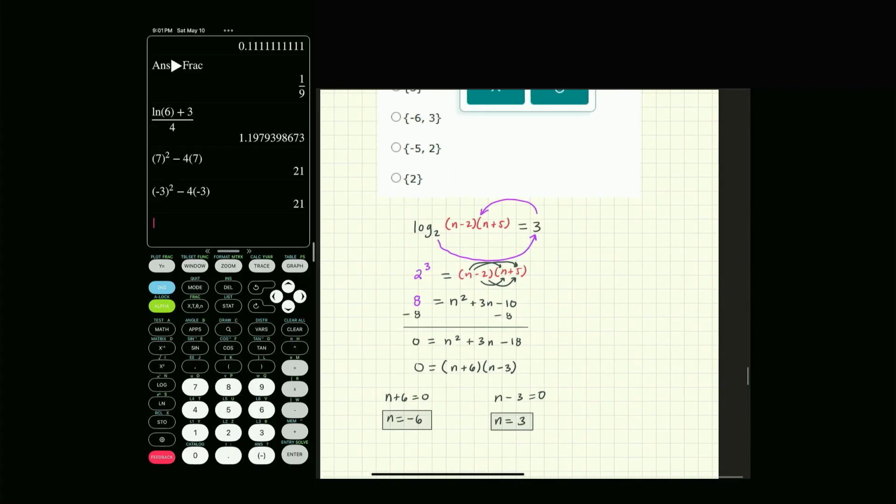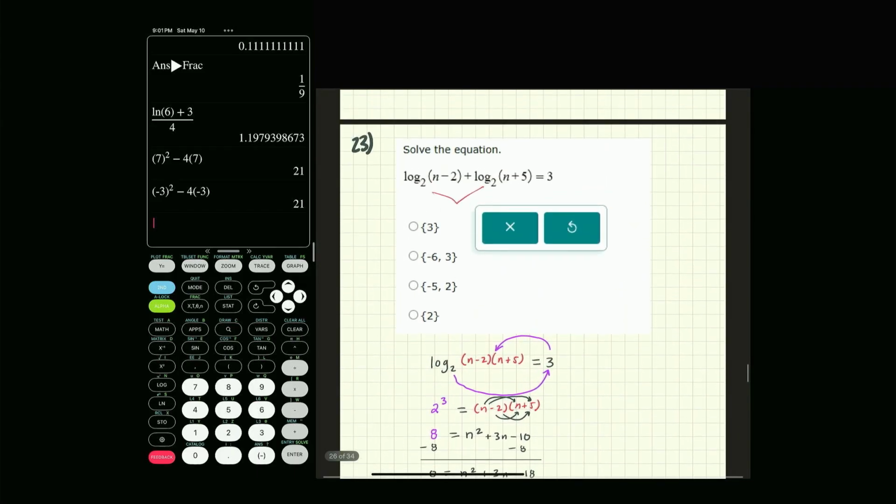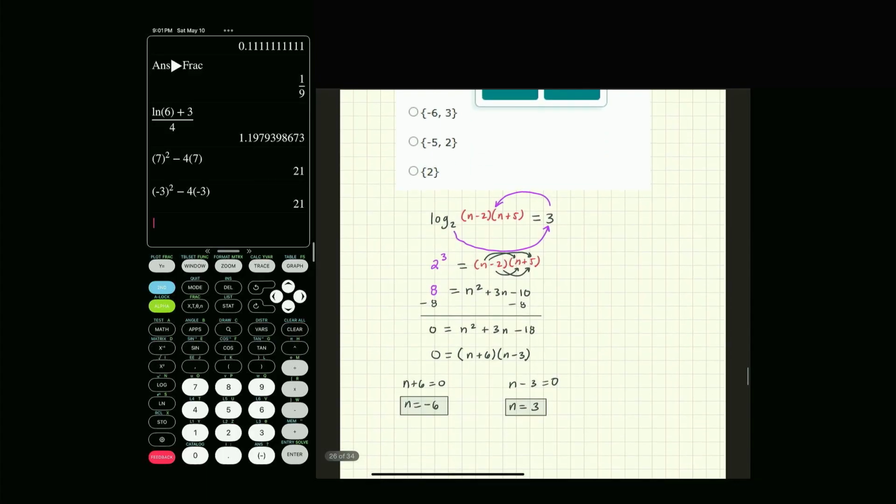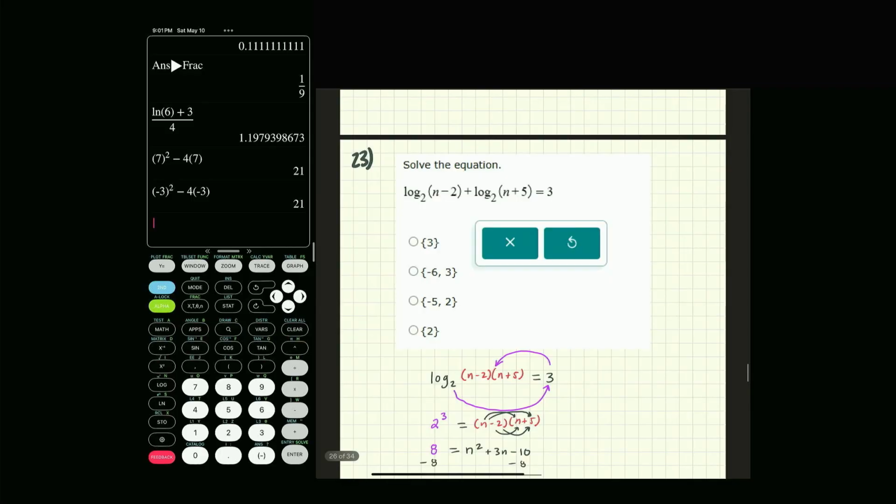But we need to test these out, so we're going to go back up to our original problem, all the way back to the beginning. Not to our condensed one, but up here, just to be safe. Let's test negative 6 first. We're going to plug negative 6 in here, and then in here.